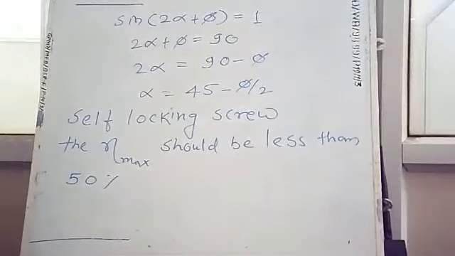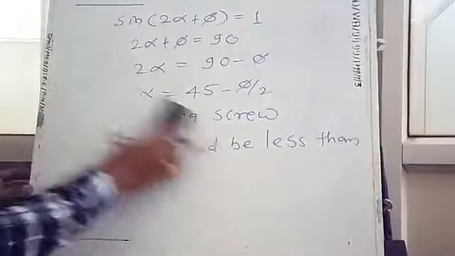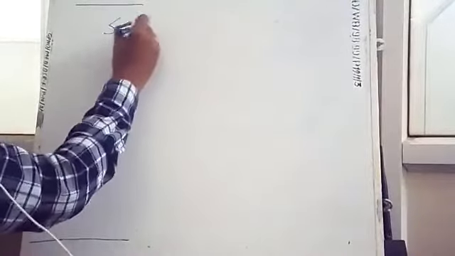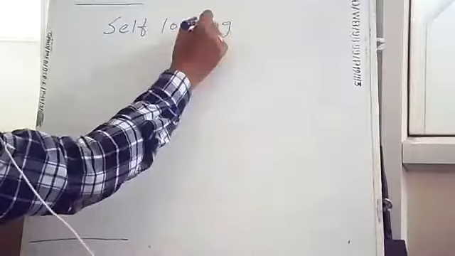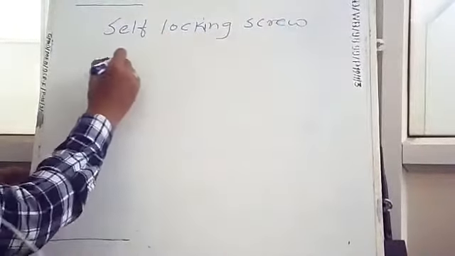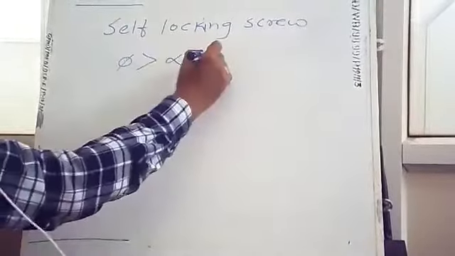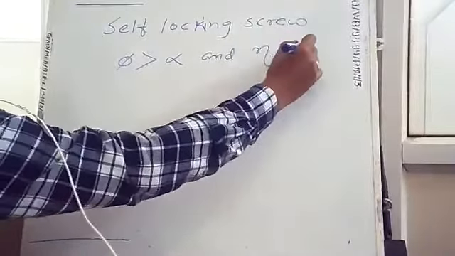Okay. So again, for the self-locking screw, the equation is like this: phi should be greater than alpha and the efficiency should be less than 50%.